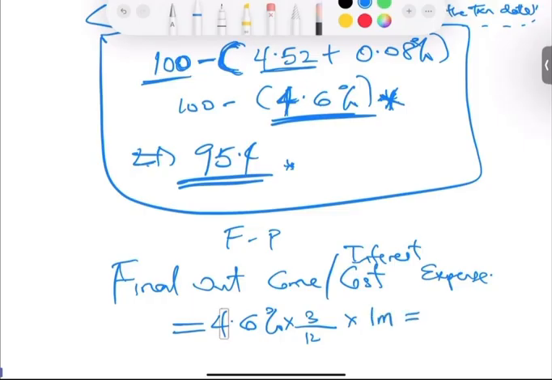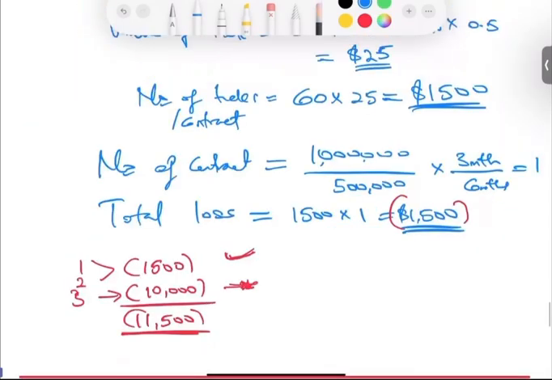And what does that give you? What do you have? 11,500. Exactly.